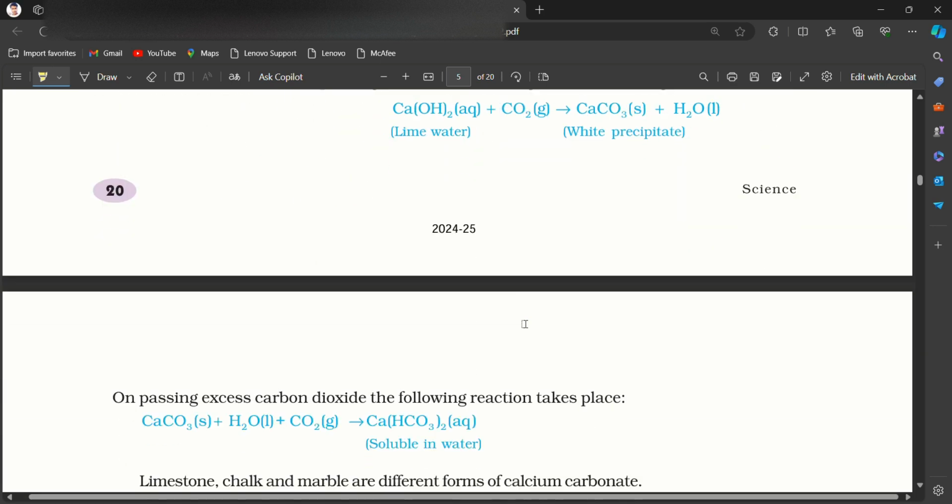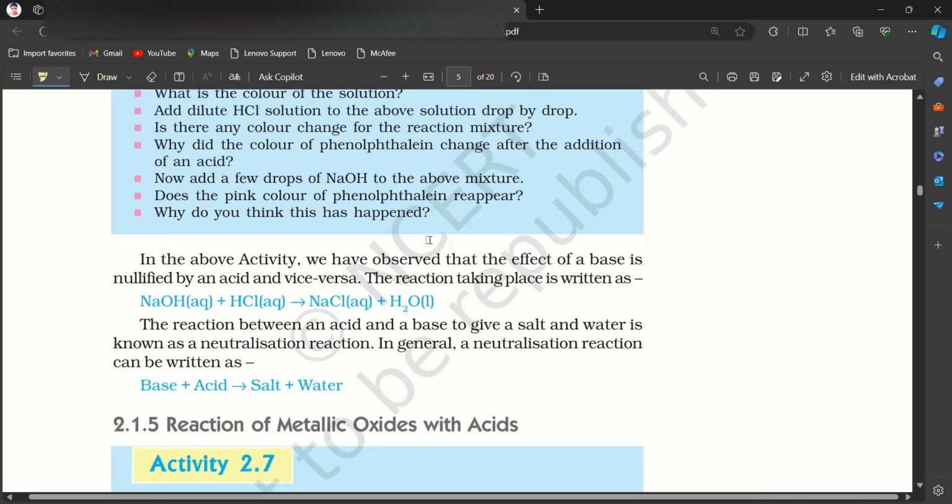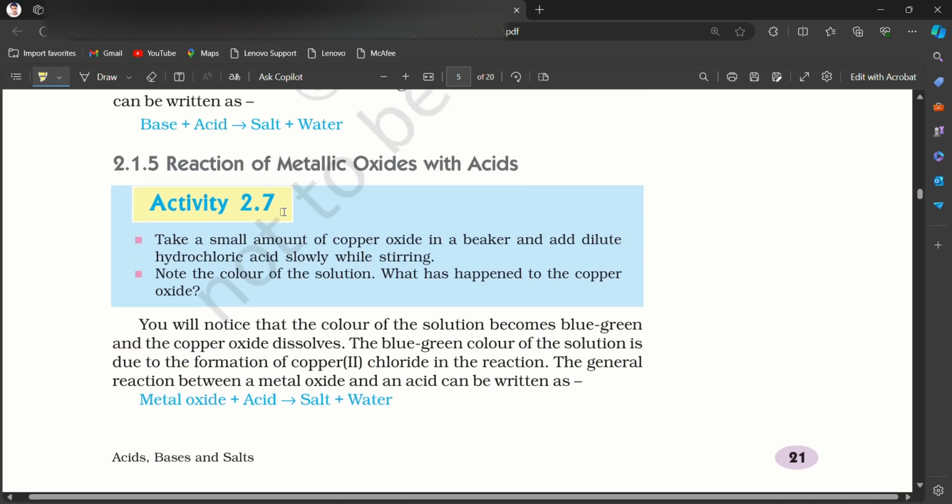So you can see that we discussed all the topics which are mentioned here. That we also saw in the first slide.